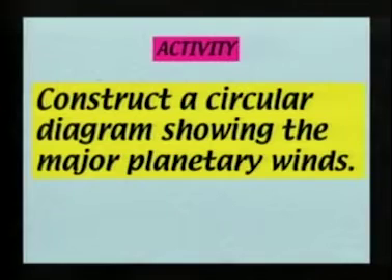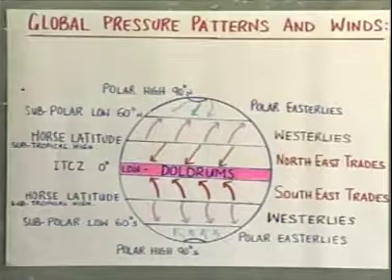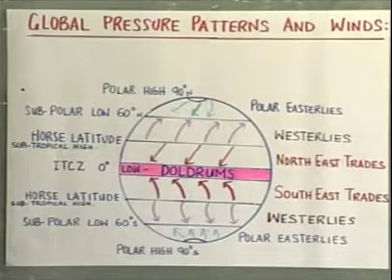But always remember, winds will blow from high pressure areas to low pressure areas, number one. Number two, most of the planetary winds are named according to the direction from where they blow. I'll give you at least about 7 to 10 minutes for you to construct your diagram.